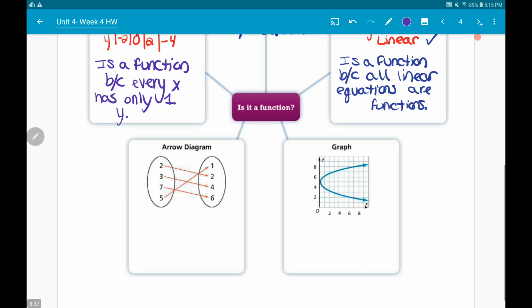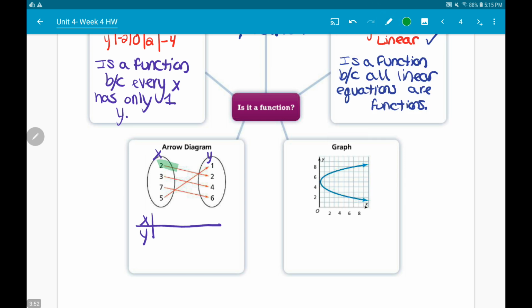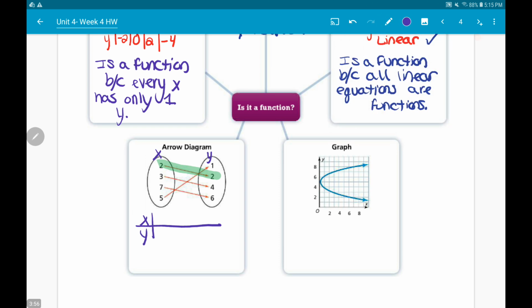All right, two more examples. So arrow diagrams. Again, we can make this into a table to make it easier for us. All right, so these are my x's and on the right are my y's. So for example, if I look at that first arrow, I start at 2 and then I go to 2. That means my x is 2 and my y is 2.